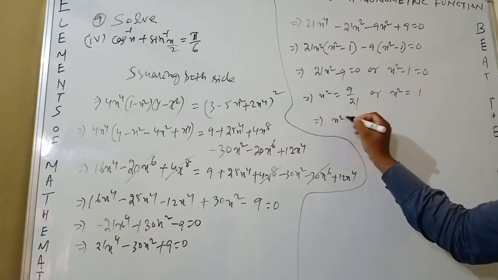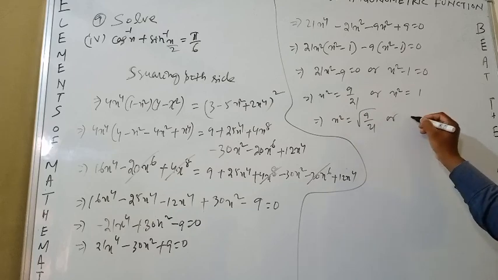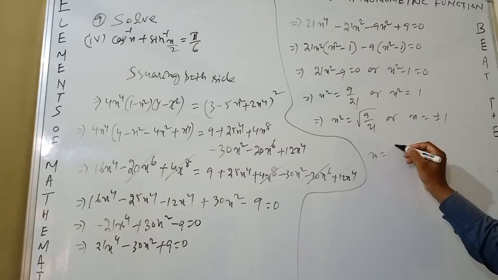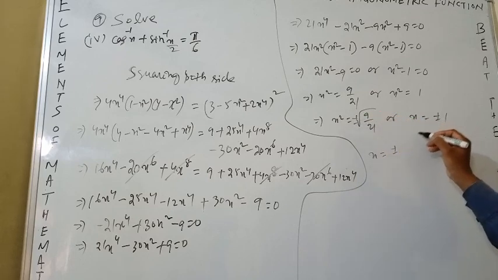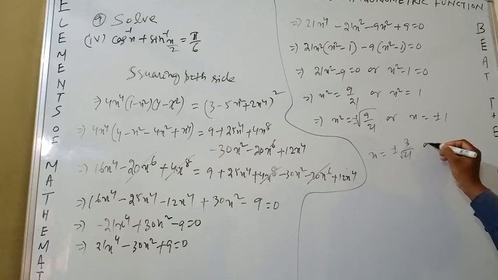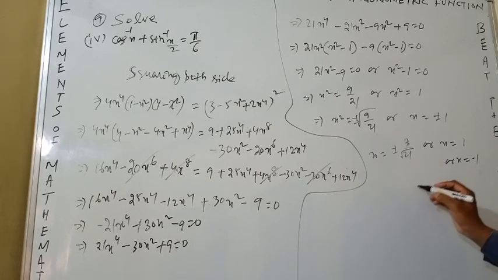Okay, x is equal to plus or minus root over 9 by 21, or x is equal to plus or minus 1. x is equal to plus or minus 3 by root 21, or x is equal to 1, or x is equal to minus 1.